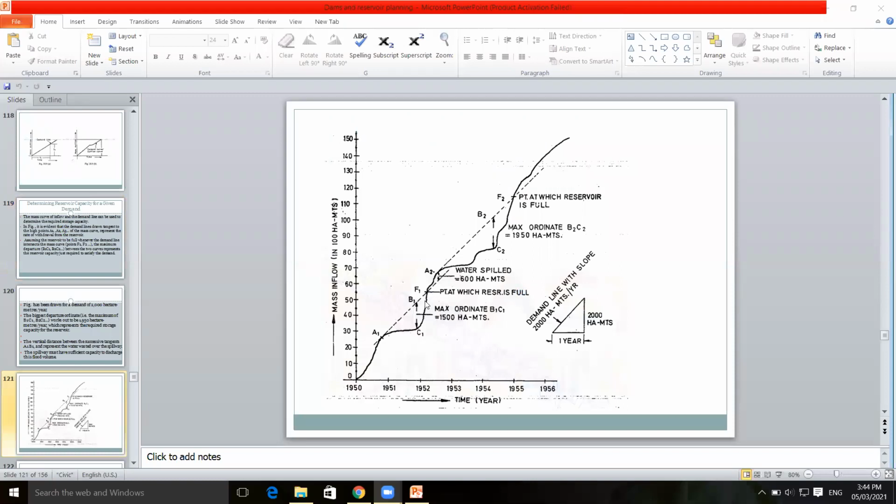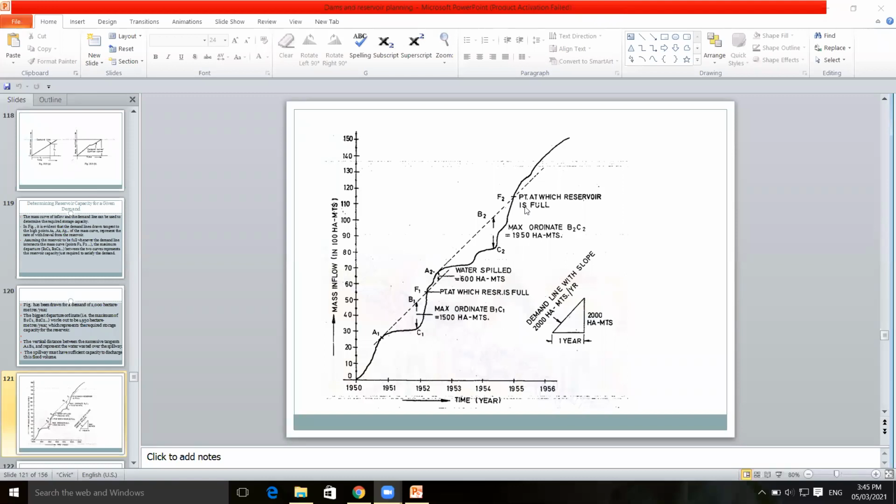See, it intersects here at F1. After A1, at F1 it intersects the curve. That indicates the point at which the reservoir is full. In full condition, the water level is maximum. Again at F2 this dotted line intersects; F1 and F2 are the points at which the reservoir is full.